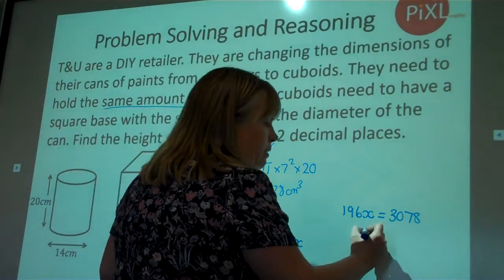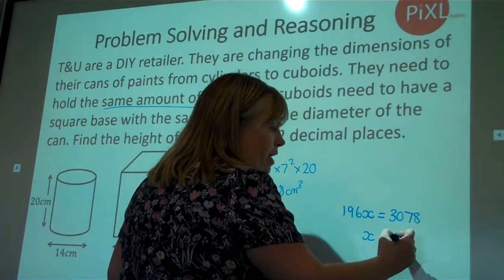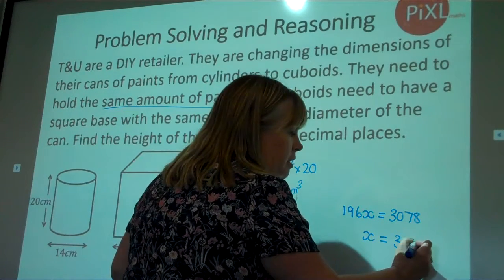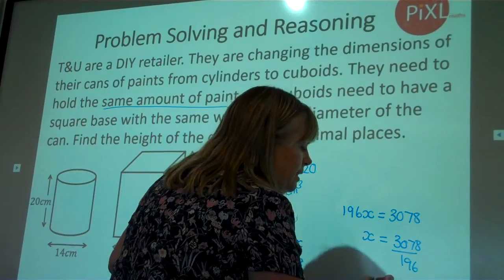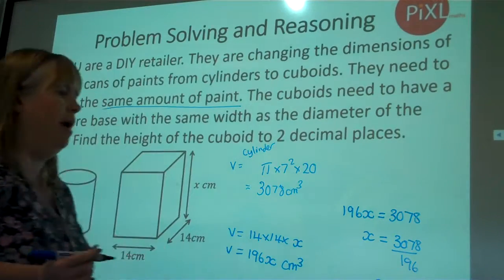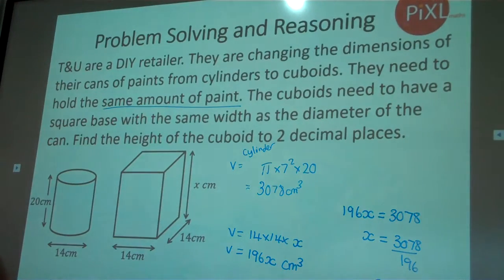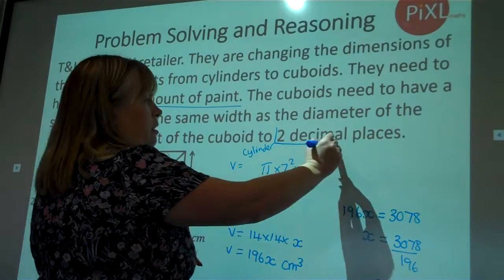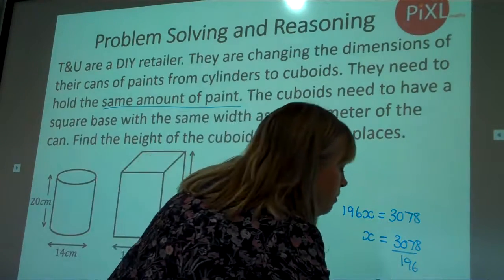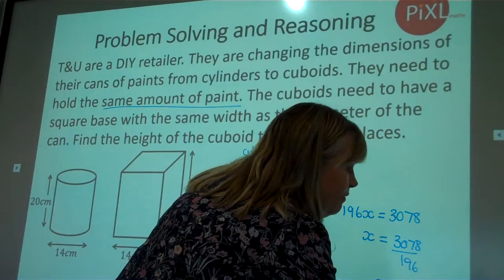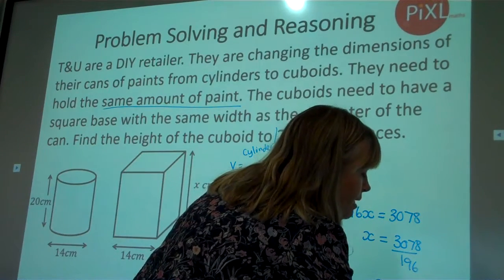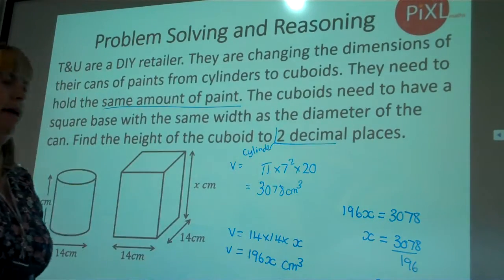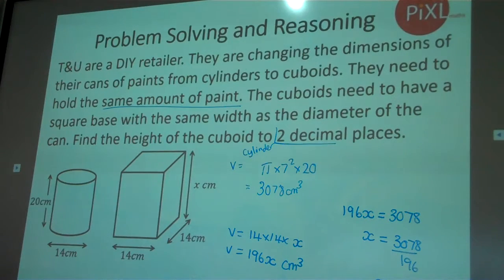So if you divide 3078 by 196, that will tell you how high that needs to be. It says to 2 decimal places. So 15.70. 15.70 centimetres high. Does that make sense? Yeah?